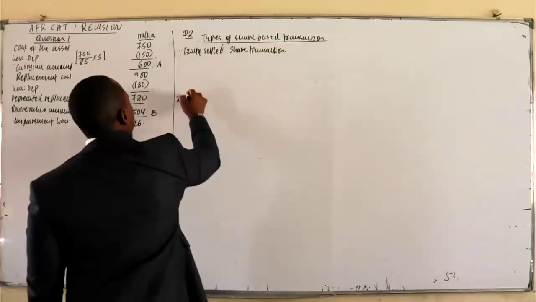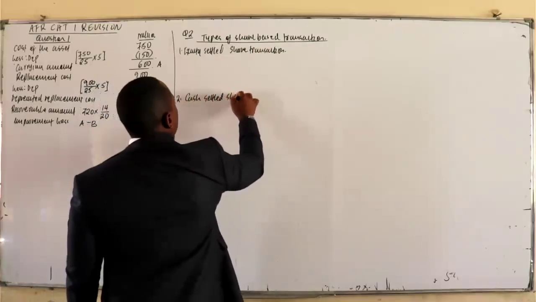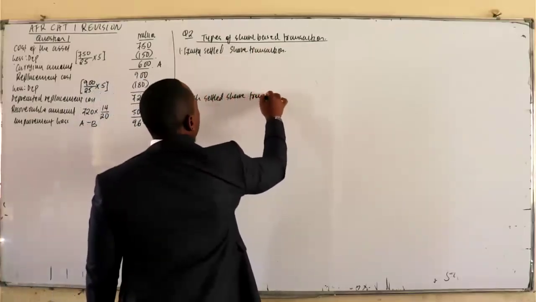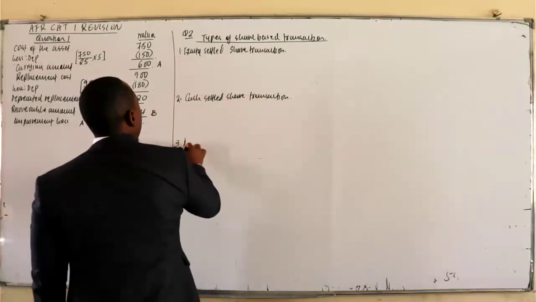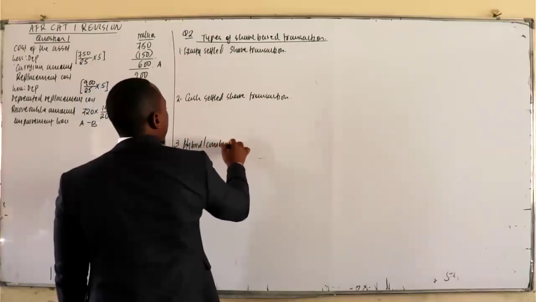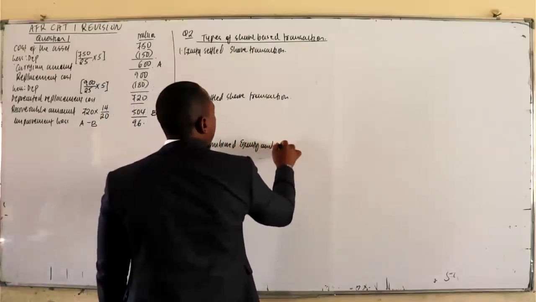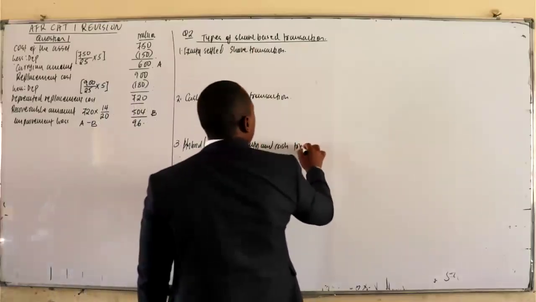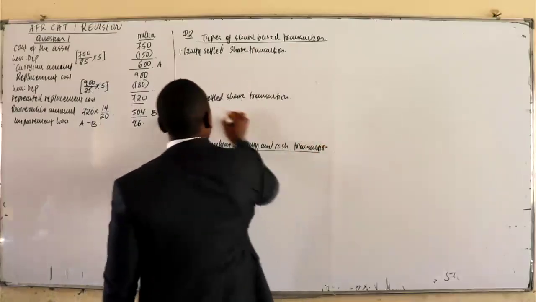Number 2 was the cash settled share transaction. And number 3, we had hybrid or combined equity and cash transaction. Those are the 3 types of share transaction.